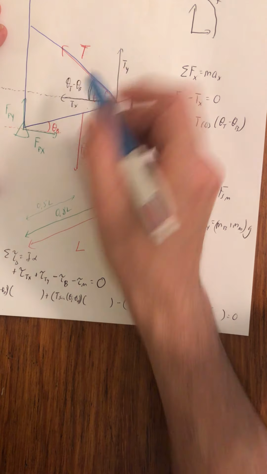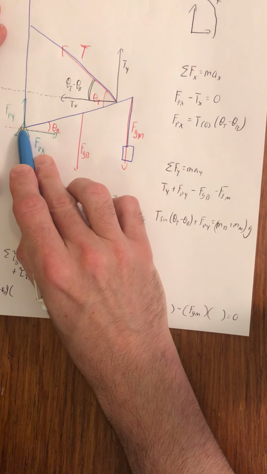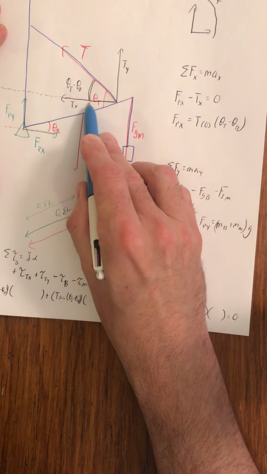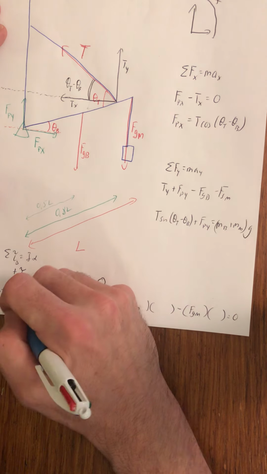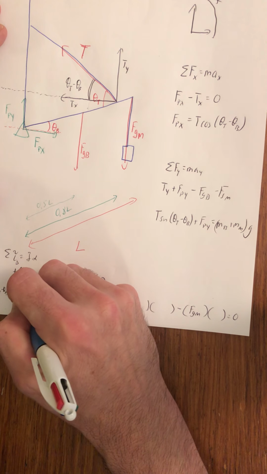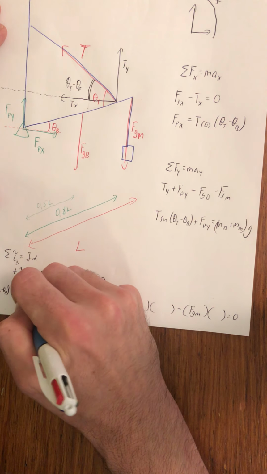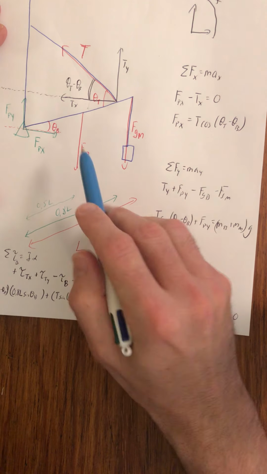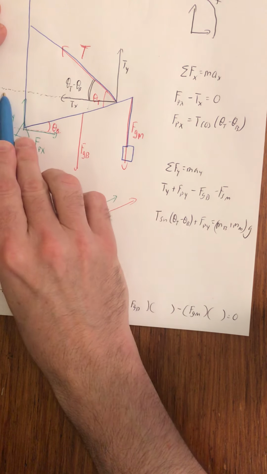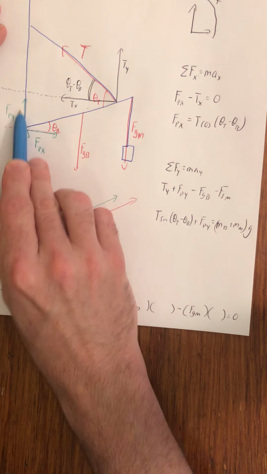And so I'm looking for this, which is this length times the sine of this angle, which is theta B. So that's going to be 0.8 L times the sine of theta B.